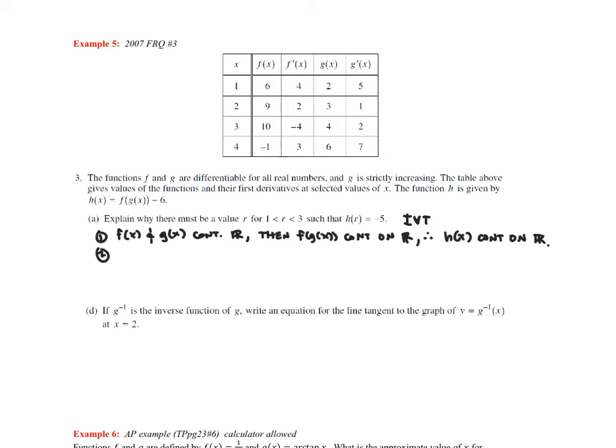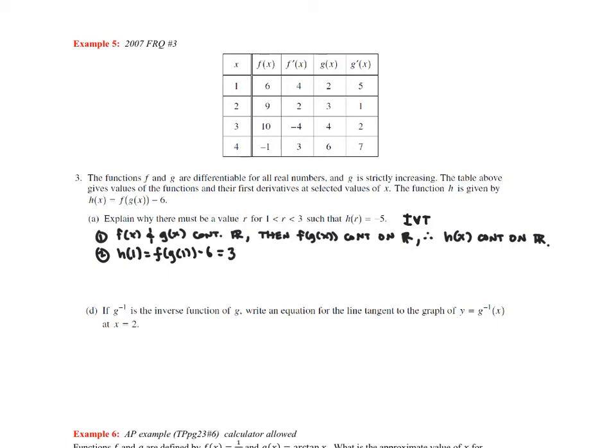Number 2, we needed to find the outputs of the endpoints. So h of 1, I'm going to plug h of 1 in. h of 1 will equal f of g of 1 minus 6. g of 1 looks to be 2, f of 2 is 9, and 9 minus 6 is 3.